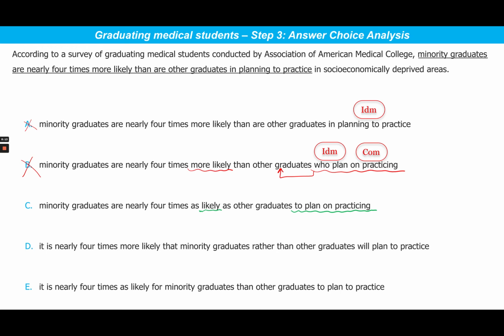So it really does not change the intended meaning of the sentence. So that's not an issue.